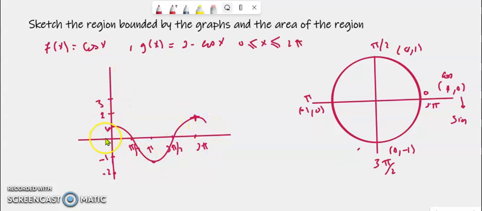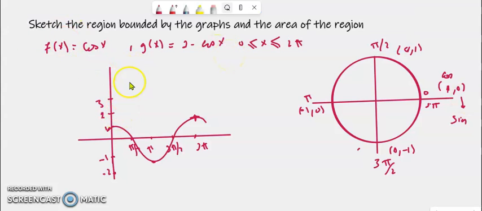Cosine at 0 is 1, cosine at pi over 2 is 0, cosine at pi is minus 1, cosine at 3 pi over 2 is 0, and cosine at 2 pi is 1. So that's the function here.